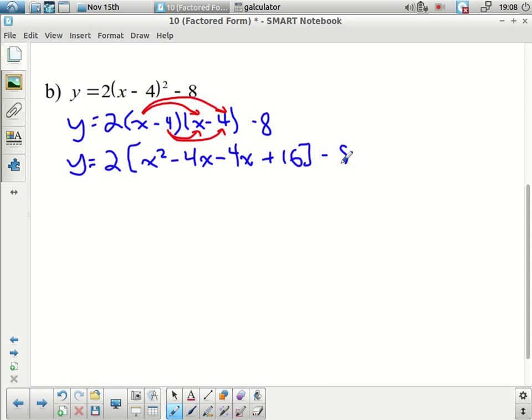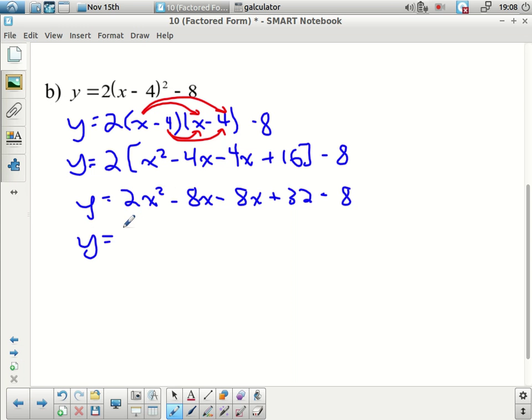Take away 8. Next I'll bring the 2 in, so I'm going to double everything in that bracket. So I get 2x squared minus 8x minus another 8x plus 32, take away 8.